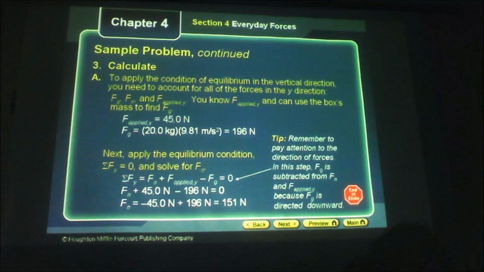So remember, pay attention to the direction of the forces. F sub g is subtracted from F sub n and the applied y force, because the force of gravity, F sub g, is downward. That's why it's subtracted.